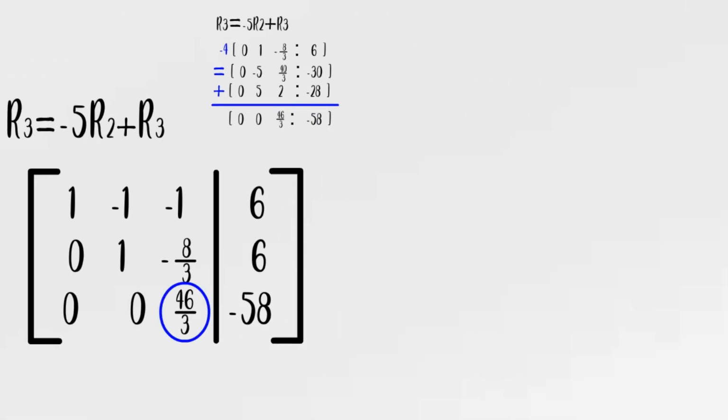Make the first non-zero entry of R3 to 1. Multiply 3 over 46 to R3.